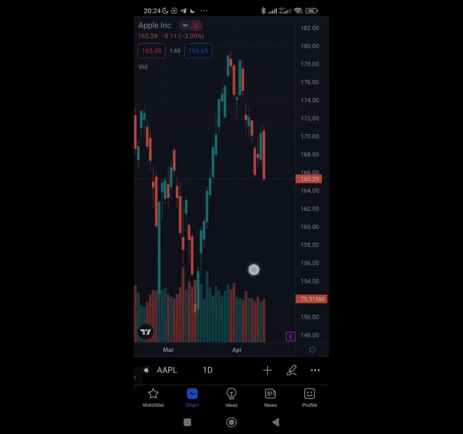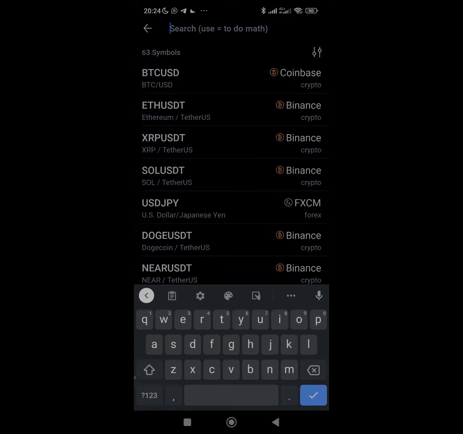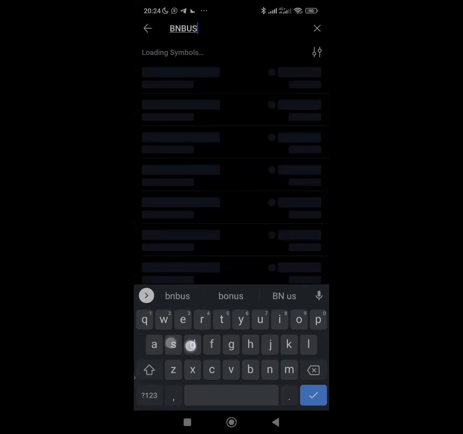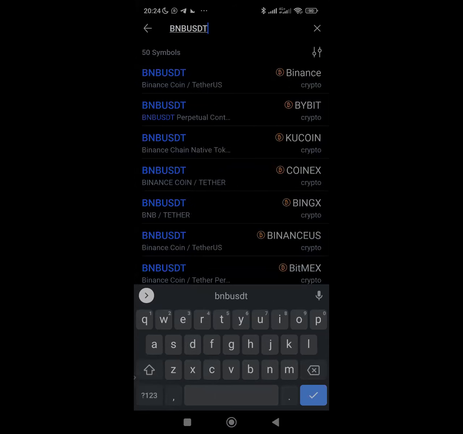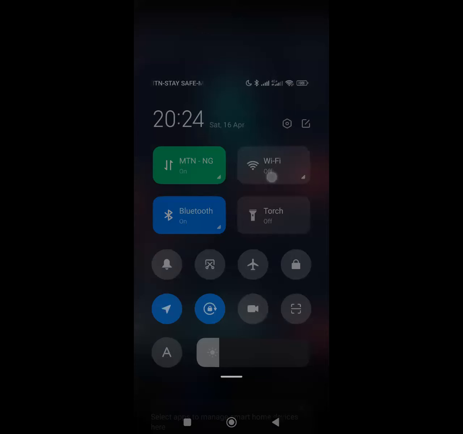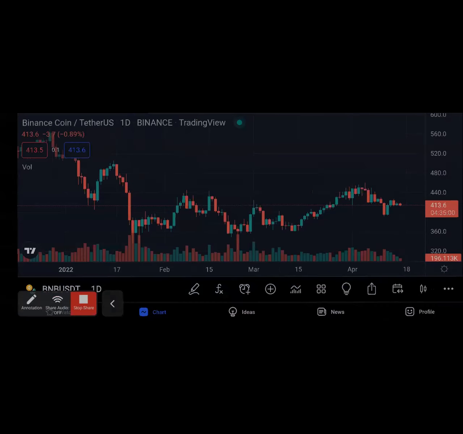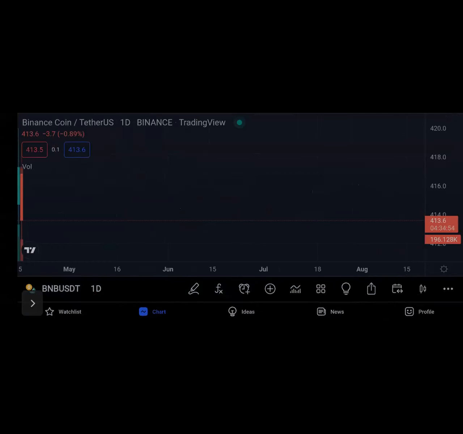All right, let's just select one. Oh, let's select BNB USD. Let me show how a bearish symmetrical triangle looks like following the rules that I just stated.